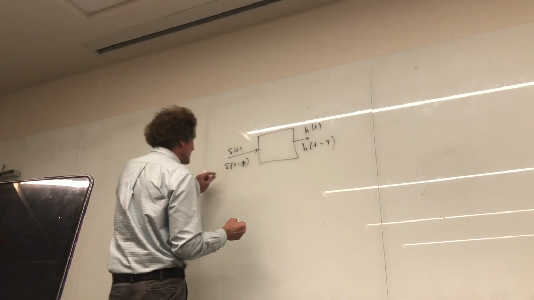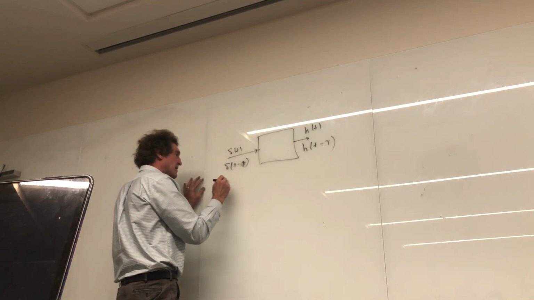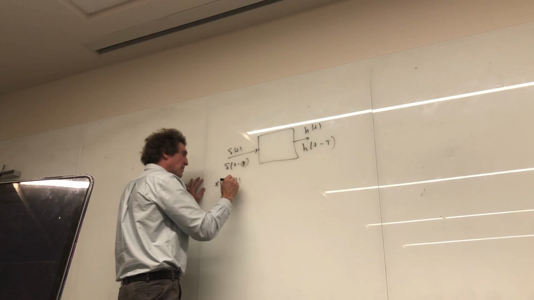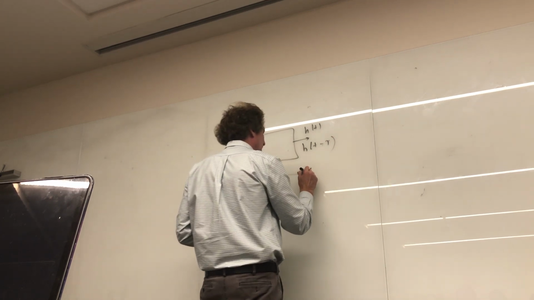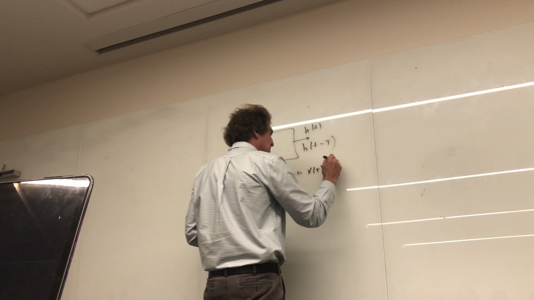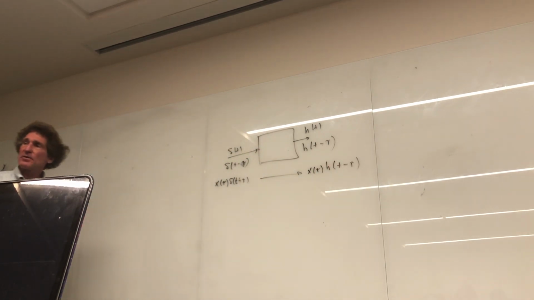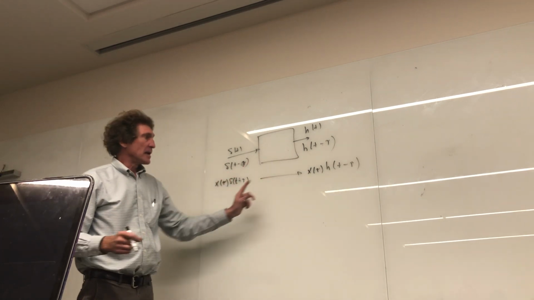If I scale this, if I put some x of tau right here times delta of t minus tau here, my output would be simply x of tau times h of t minus tau. Do you all agree with me? X of tau could be anything. It could be a constant, it could be a functional form. Doesn't matter. That has to work. That's scaling. This is time invariance, this is scaling.